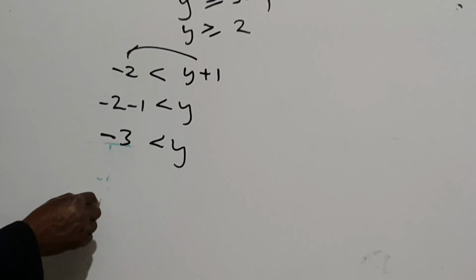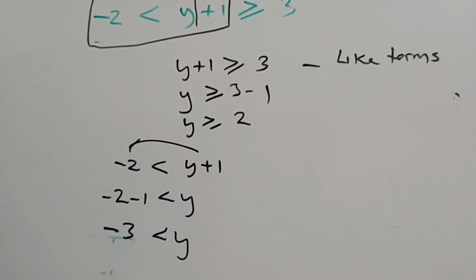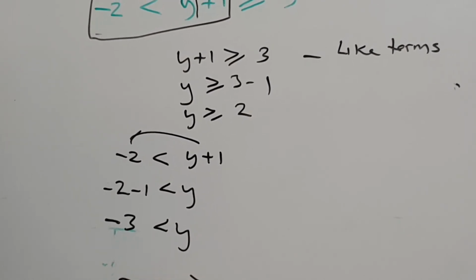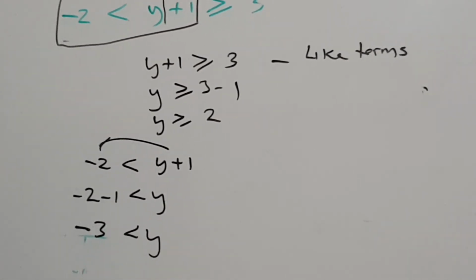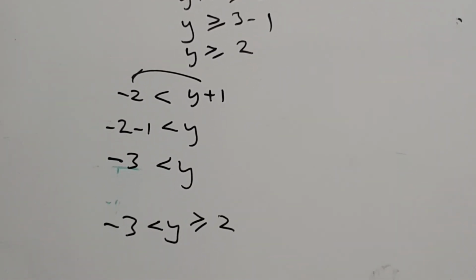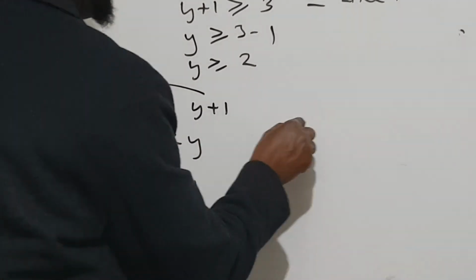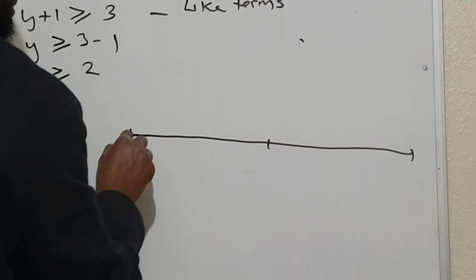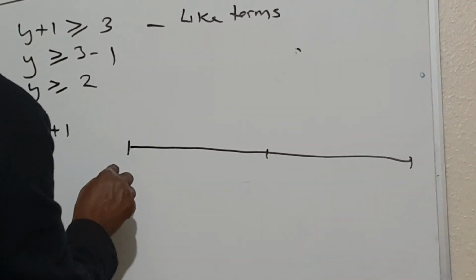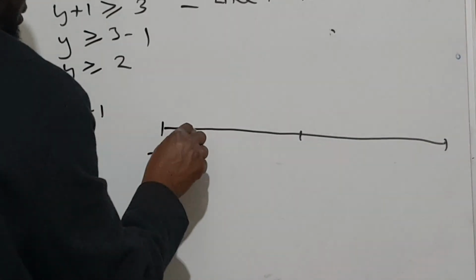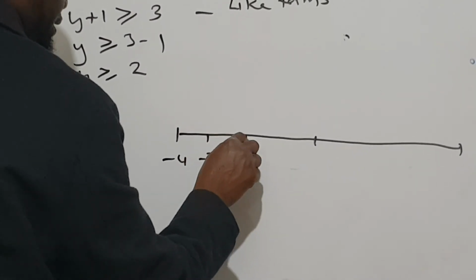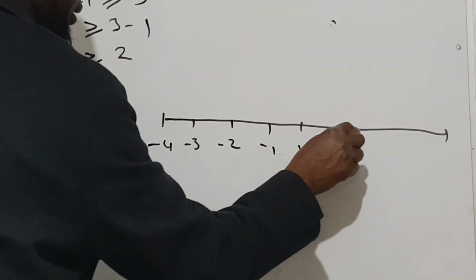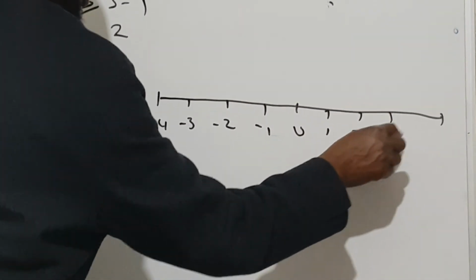So now the new range will be 2. So we have to solve this on the number line. Okay? So minus 4, minus 3, minus 2, minus 1, 0, 1, 2, 3, 4.